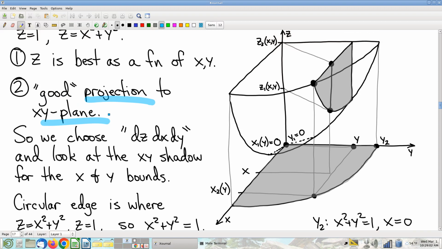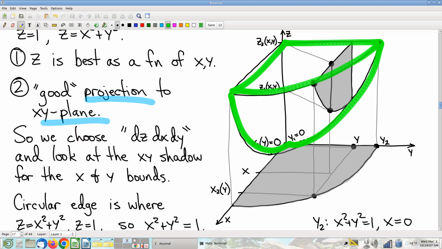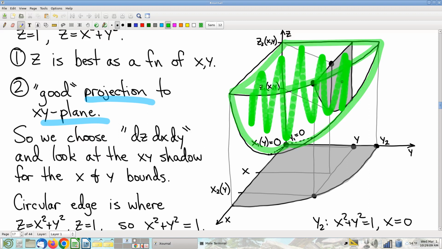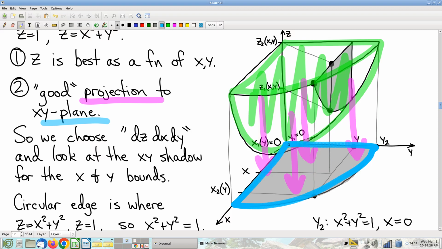That just means I'm going to take my solid, this whole thing here, and project it down into the xy plane, pushing everything straight down into the xy plane. Okay, so that projection in the xy plane then is this disk. Is everybody with me on what I mean by a projection?